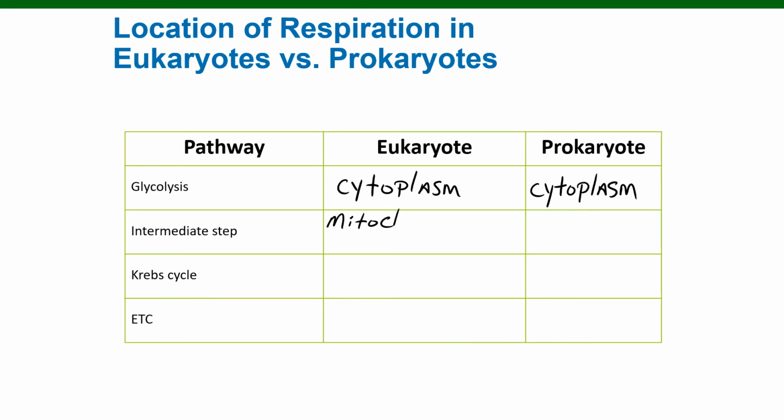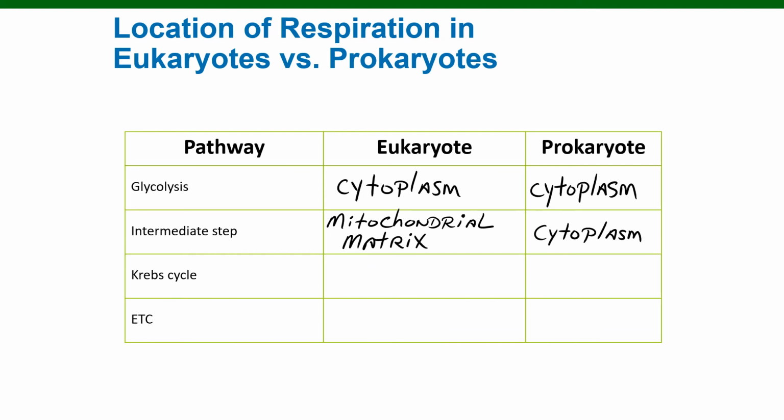The intermediate step is described as occurring in the mitochondrial matrix. This is the innermost part of the mitochondrion in eukaryotic cells. And since prokaryotes, the bacteria, do not have mitochondria, we say that the cytoplasm is the place where the intermediate step occurs.